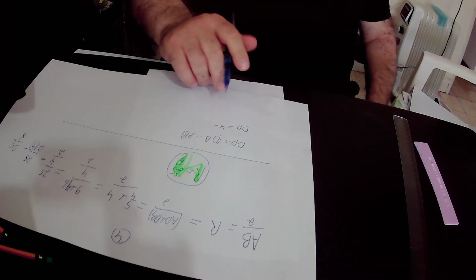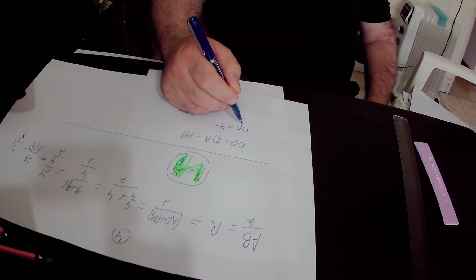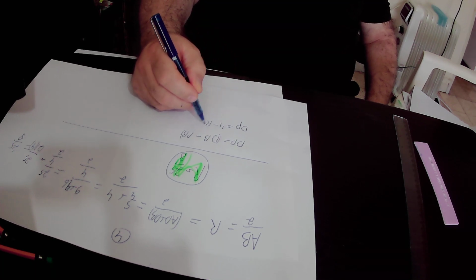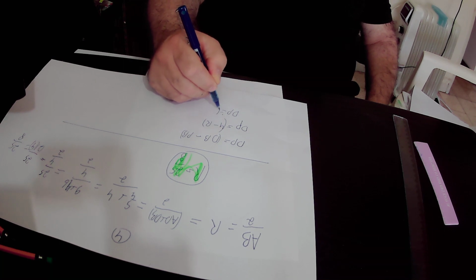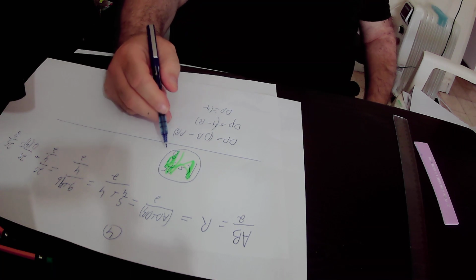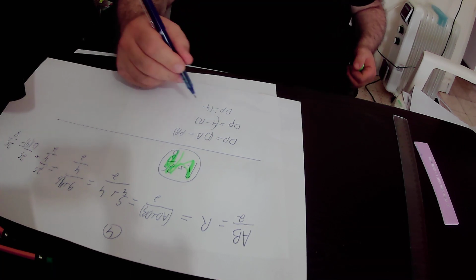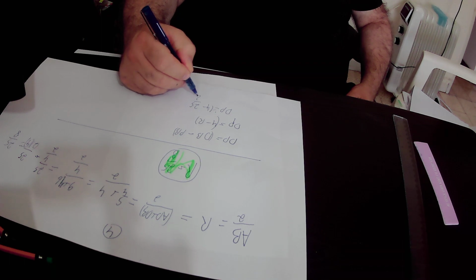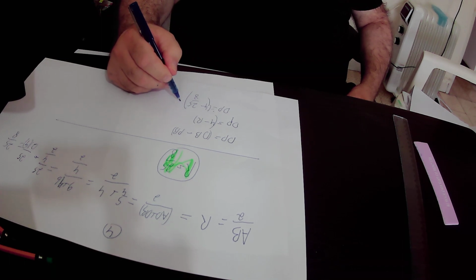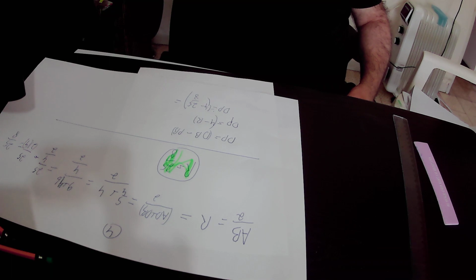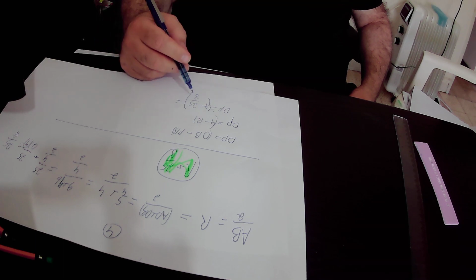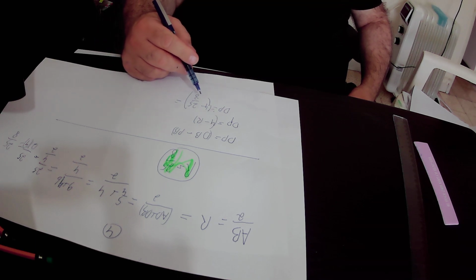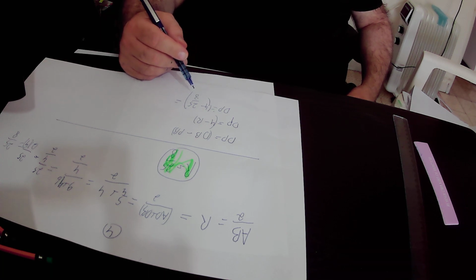So in conclusion, we found out that DP equals 4 minus capital R, and we've already found out that capital R equals 25 over 8 units. So here we will multiply 4 by 8, and then divide it by 8 in order to have a common denominator with 25 over 8.